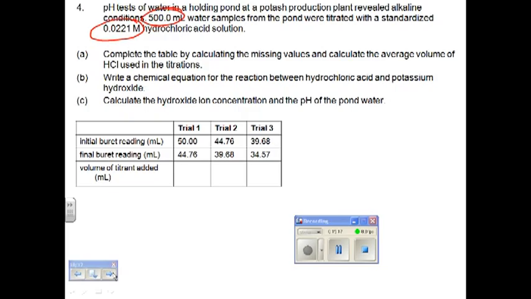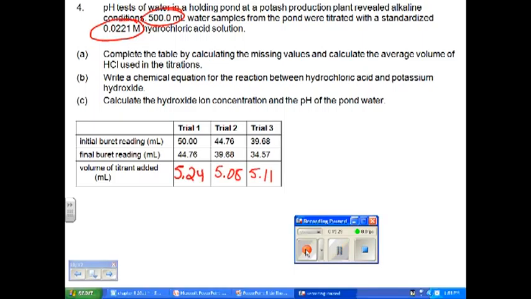Okay, let's complete the table by calculating the missing values. Calculate the average volume of HCl. So what we do, we subtract 50 take away 44.76. So we just subtract to get the final values. Now we want to look at the numbers, and remember, you want your final volumes to be within 0.1 mL of each other.